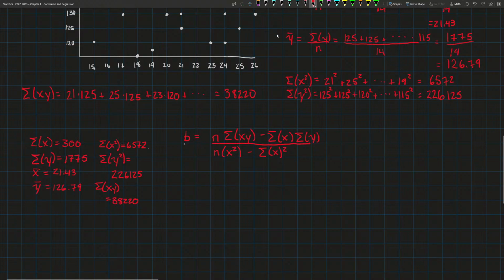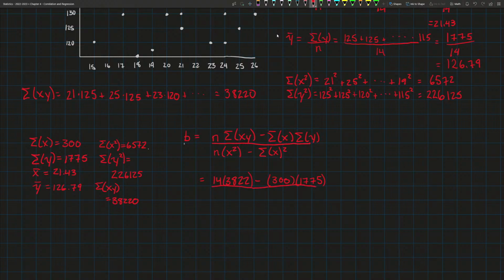Okay, so n, that's going to be 14. We found the sum of xy, that is 3822. We're going to subtract the sum of x times the sum of y. I'll put these around for parentheses. There we go.